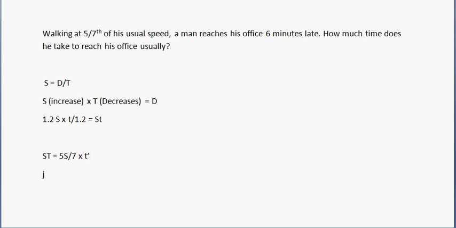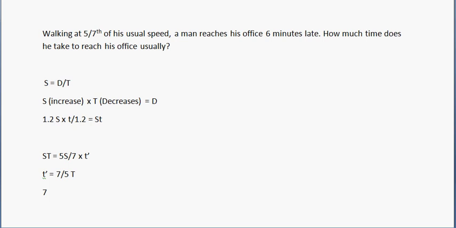So this t dash would be what? It would be 7 by 5 of the original time, right? Now what we are given is the difference between this and the original time. So 7 by 5 t minus t is given to be 6 minutes, which means 2 by 5 of t.